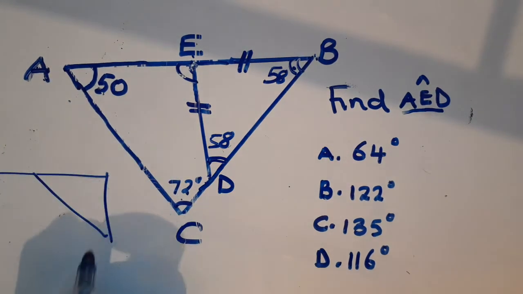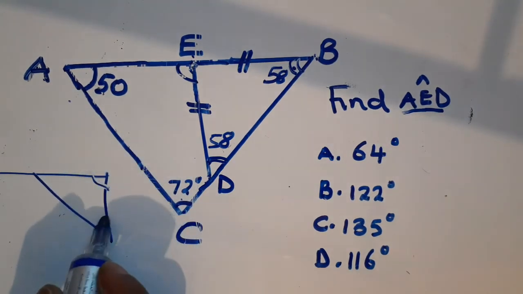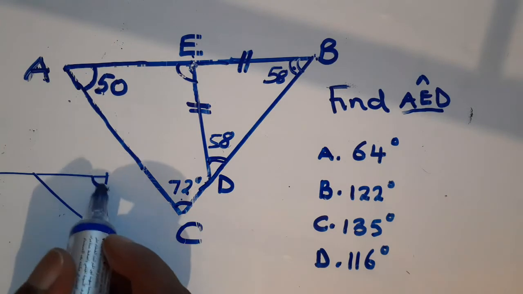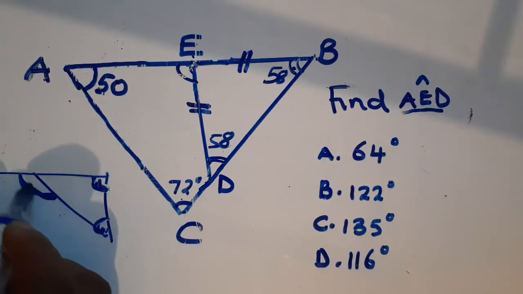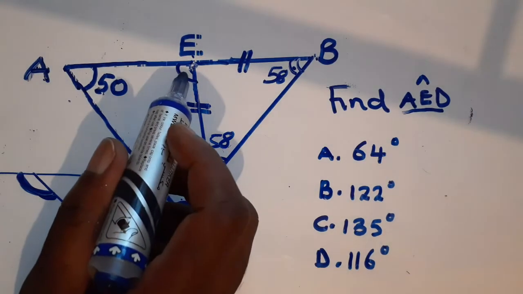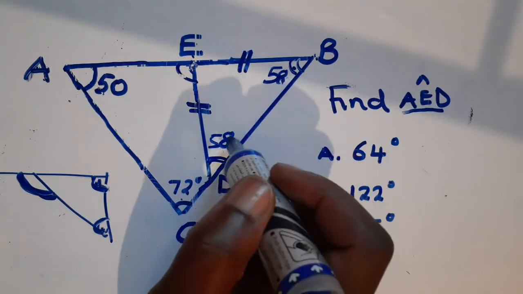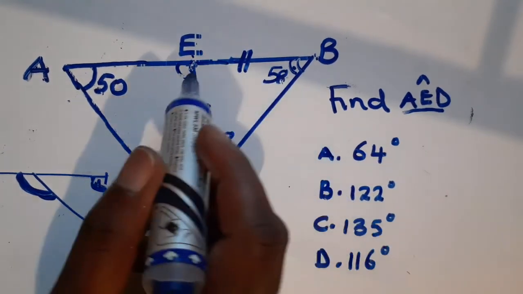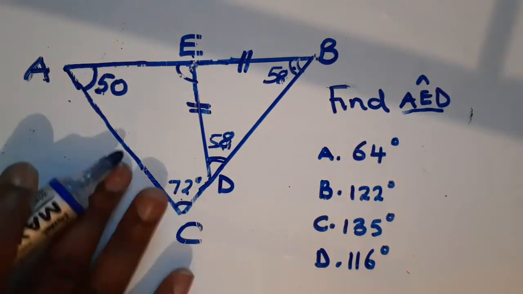That states that these two interior angles, when you add them, they are equal to the opposite exterior angle. All right? So to find the size of this angle, we just have to add these two. When we add these two, they are equal to this one. That is one method that you can use.